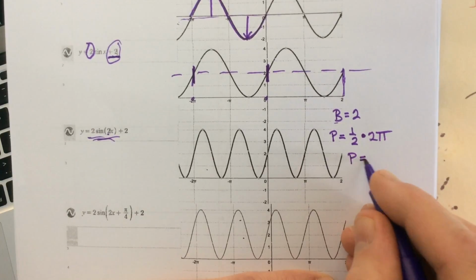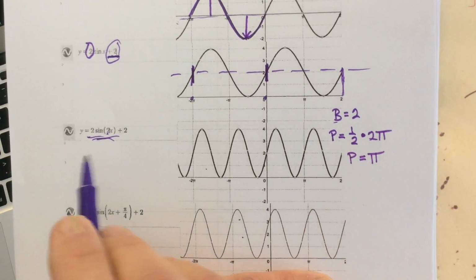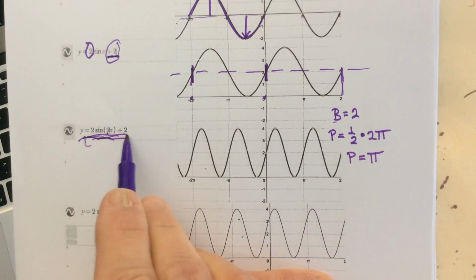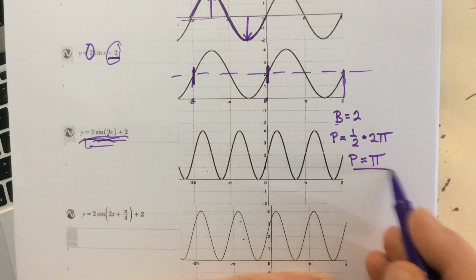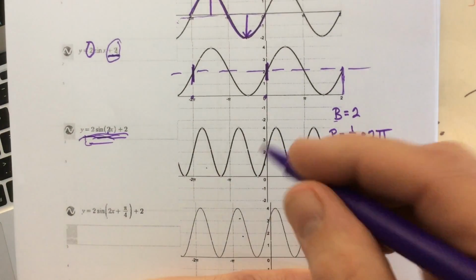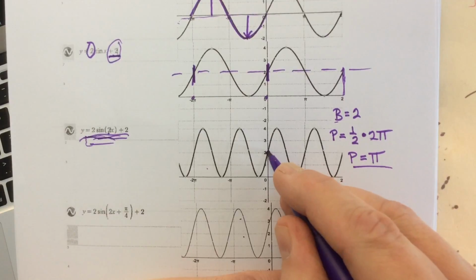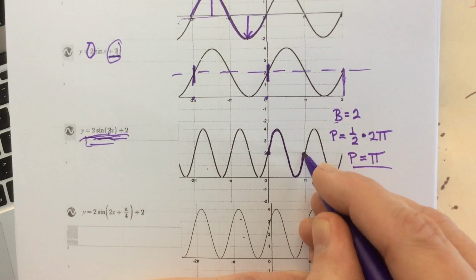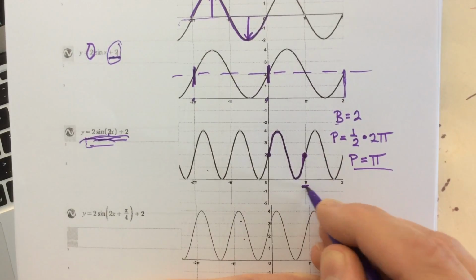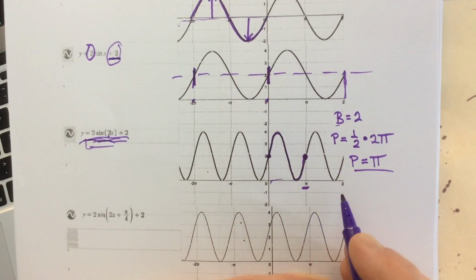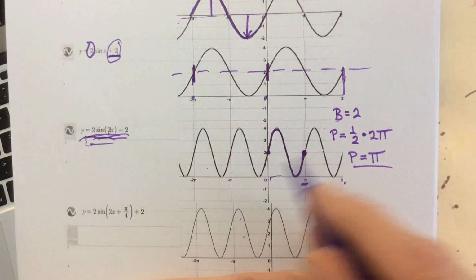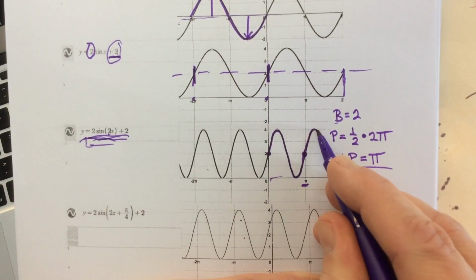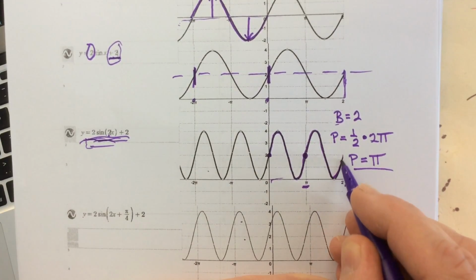That means that the period now for the new function, the way we've changed it here, is going to be pi. And if you check here, that's what happens. From here, the entire cycle going up and down and back again is finished in pi spaces instead of in 2 pi spaces. And in fact, by the time you get to 2 pi, you've done this whole thing twice.